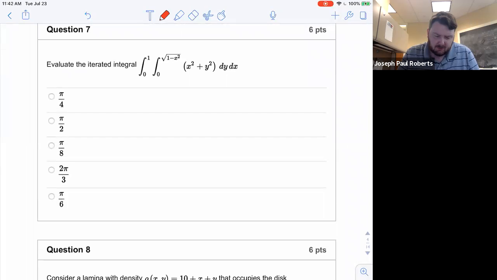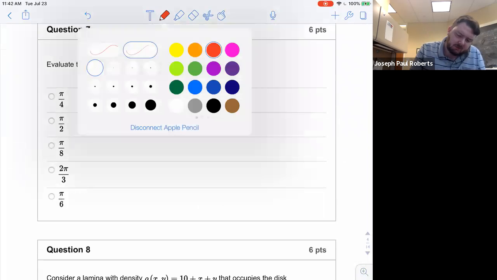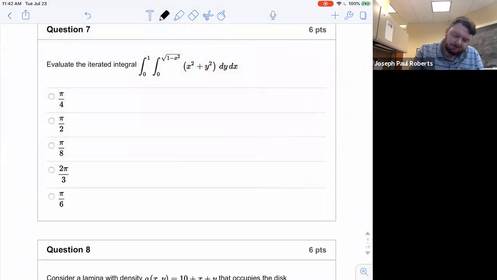Next one, evaluate this. So pretty much the same kind of thing, except you needed to draw the region. This y equals square root 1 minus x squared is the top curve. Y equals 0 is the bottom curve.